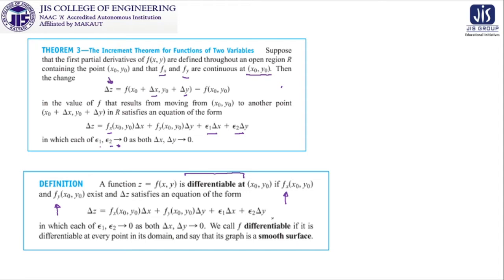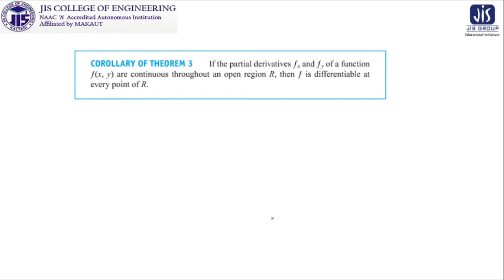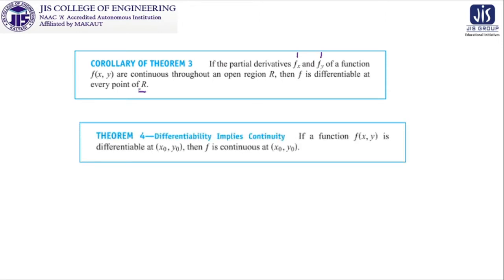So let us go for some next steps. What we see as the corollary of Theorem 3, the increment theorem, is that if the partial derivatives fx and fy of a function f(x,y) are continuous throughout an open region R, then automatically f is differentiable at every point of R. And the next theorem tells us that differentiability implies continuity.